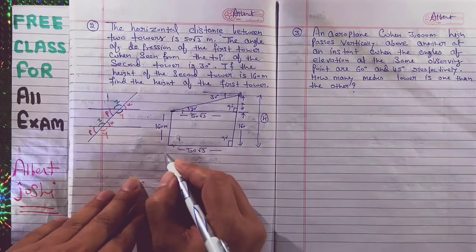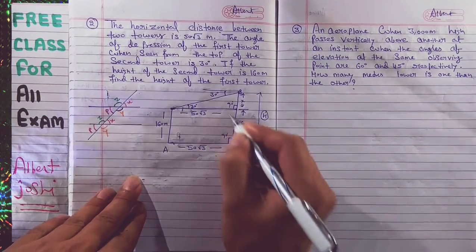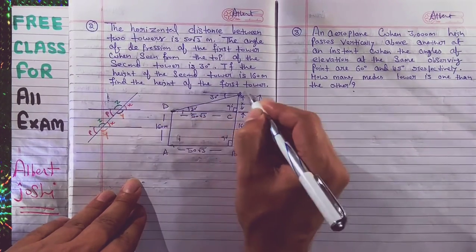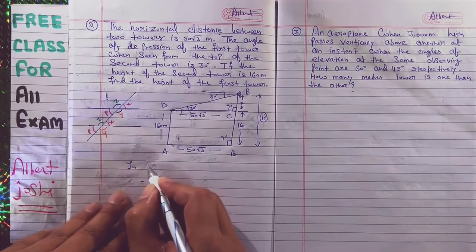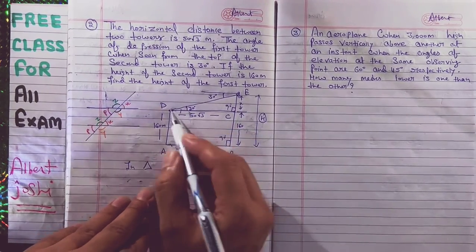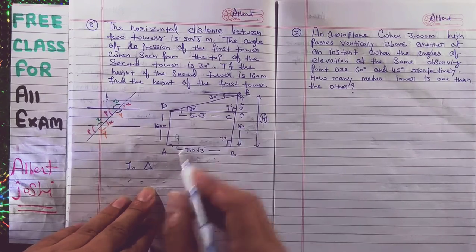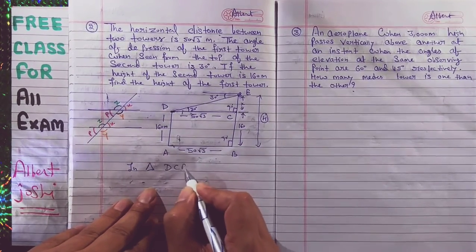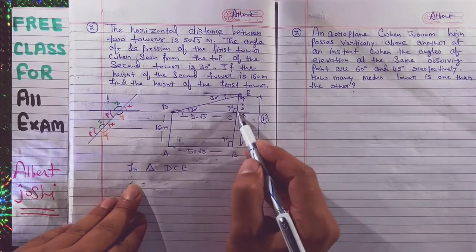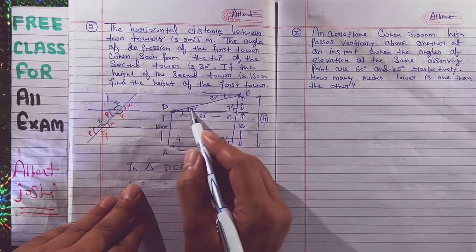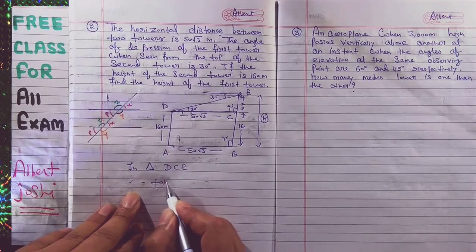Suppose this is A, this is B, this is C, this is D, and this is E. So in triangle DCE, this is theta, this value we know and this value we know. That is the hypotenuse, this is theta.